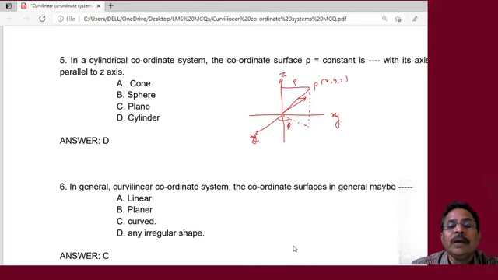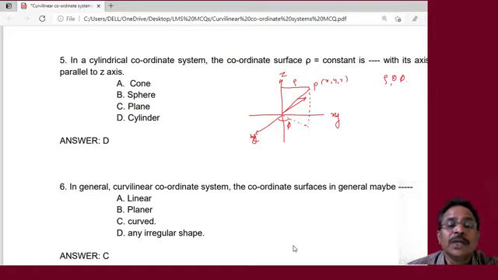So the angle made by the projection of this rho on the xy surface, or z is equal to 0 plane, is taken to be phi. And here there is rho, theta and phi.